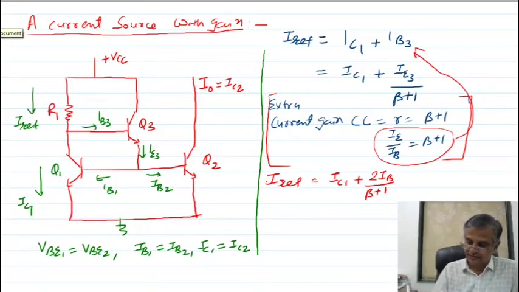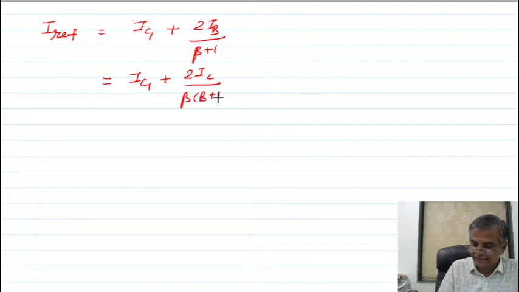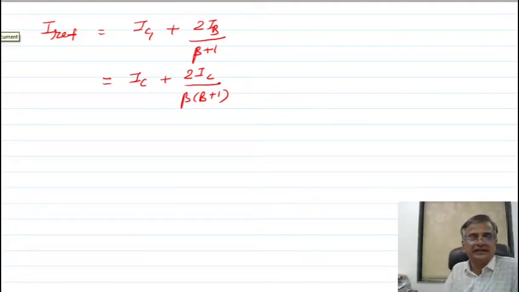Now, I reference is equal to IC1 plus 2IB upon beta plus 1. So I can write IC1 plus 2 IC upon beta. Now these two are equal, so no need to write IC1 and IC2; I am writing IC1 and IC2 are equal, because VB1 is equal to VB2.